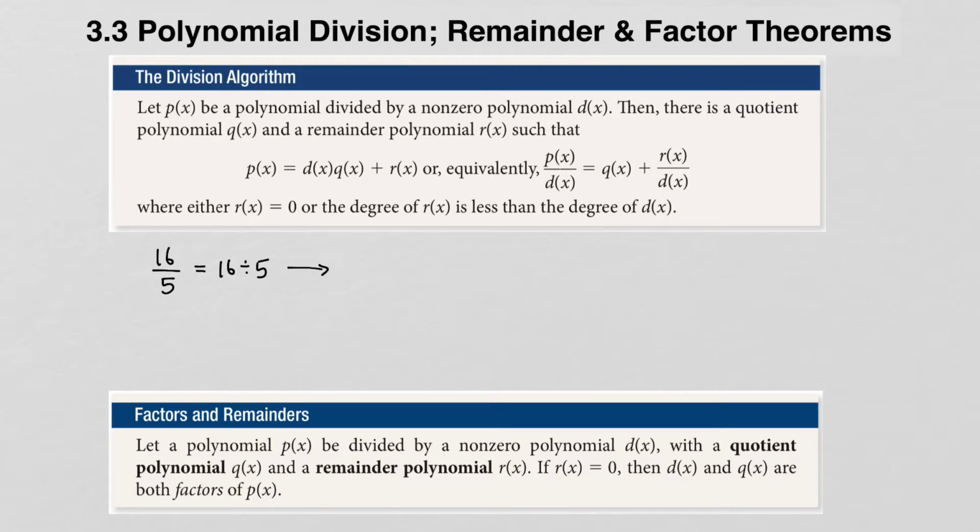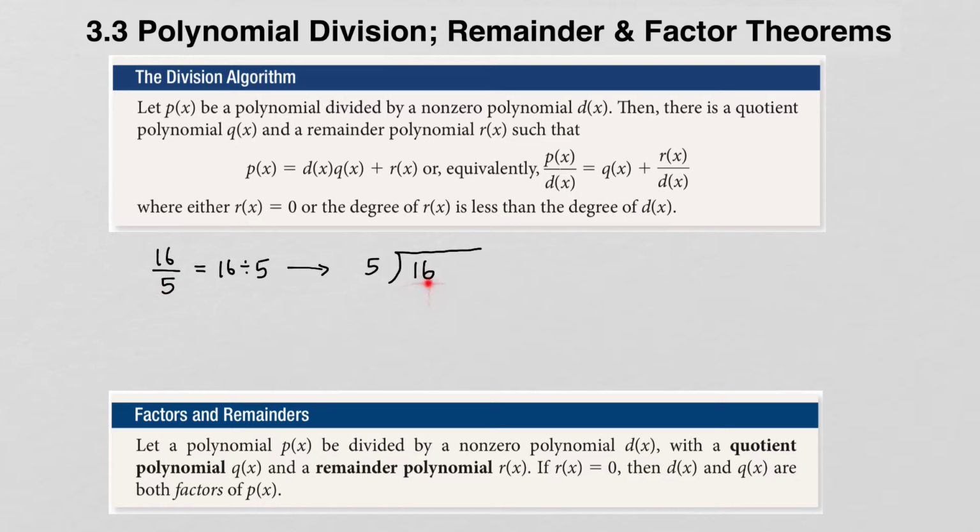And we know that we can actually perform this division by using long division. So we make our long division symbol, we put 16 on the inside and 5 on the outside. And remember again, the 16 is what we call the dividend, 5 is what we call the divisor.